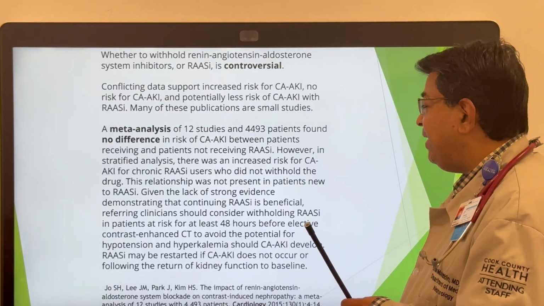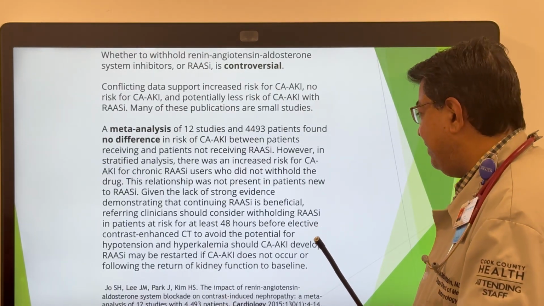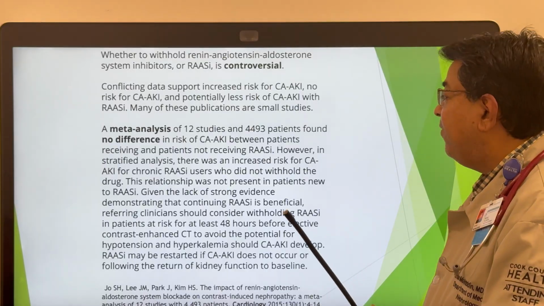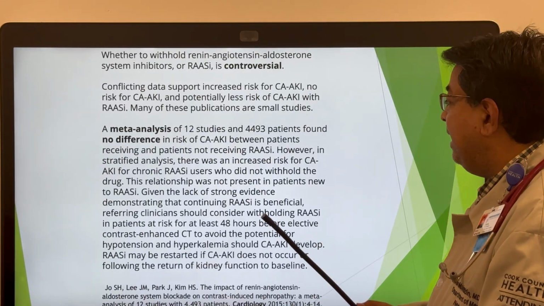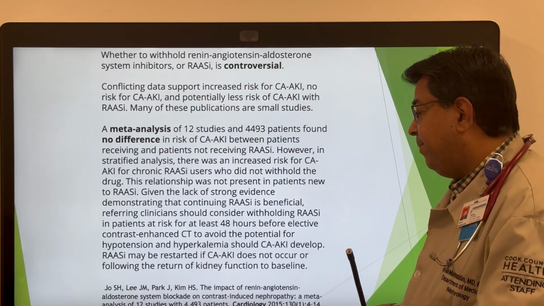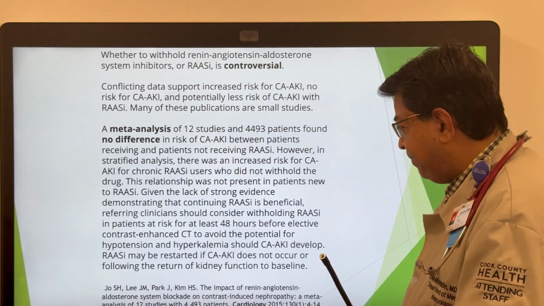However, in stratified analysis, there was an increased risk of contrast-induced nephropathy for chronic RAS inhibition users and not for new RAS inhibition users.